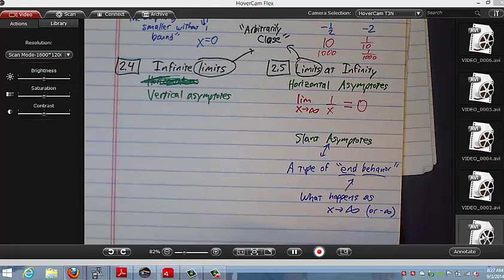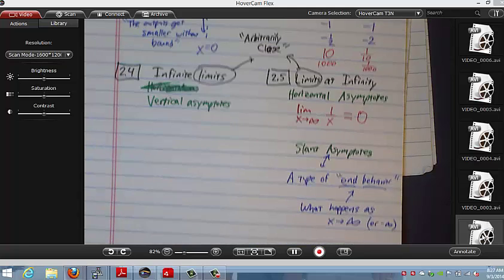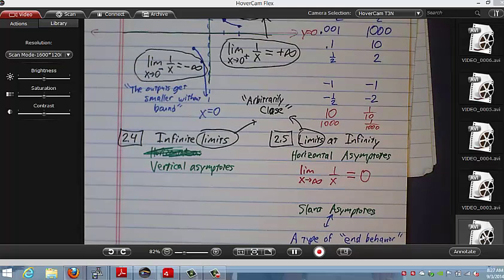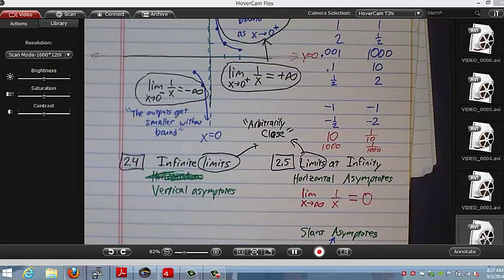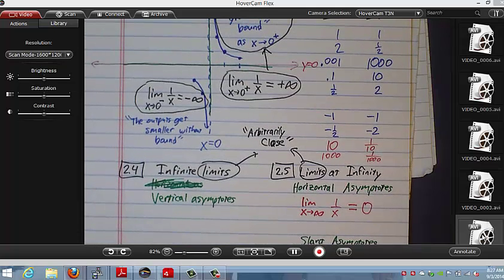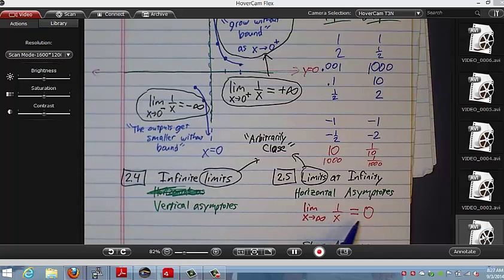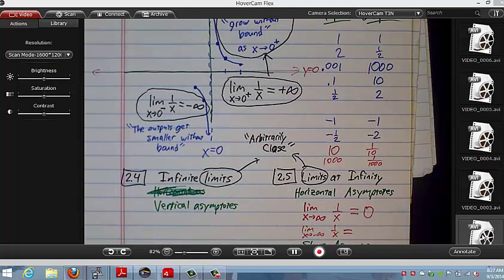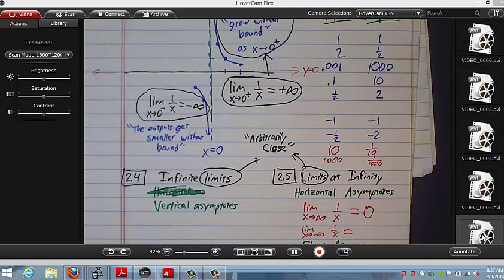What's the end behavior for this function? Well, for this function, as x approaches infinity, 1 over x approaches 0. Okay? Or as x approaches negative infinity, 1 over x, what does it approach? What happens if you put in something really negative?